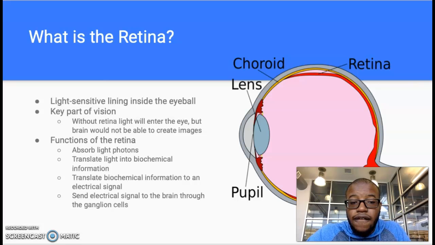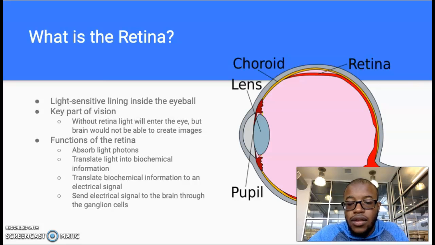The functions of the retina include absorbing light photons, translating light into biochemical information, and translating biochemical information to an electrical signal, which will then be sent to the brain through the ganglion cells, and that's where the image comes up.